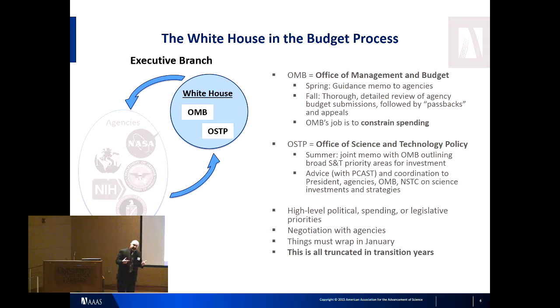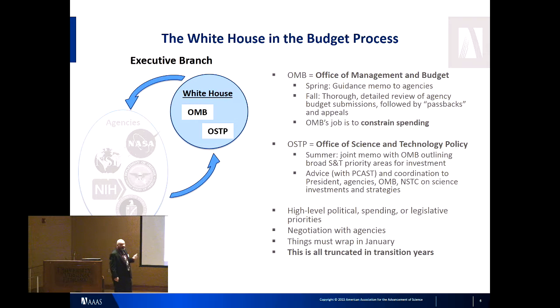And one way to do that is to make sure that you're not spending more than you really need to on other things that aren't necessarily priorities. And generally, OMB seeks to be reasonable stewards of the public wallet, the public purse.